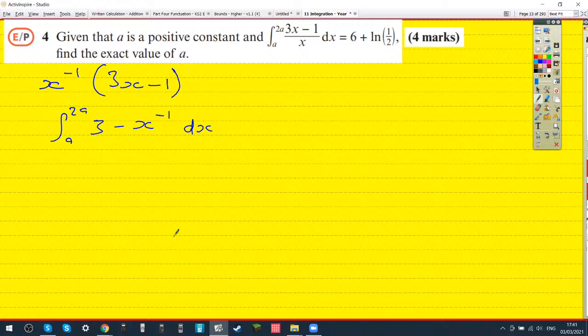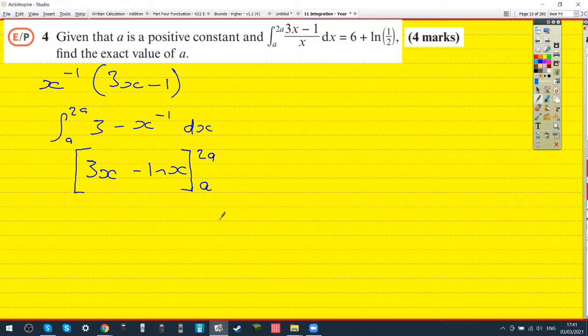You didn't integrate it yet? Oh, whoops. If we integrate 3, we would get 3x. And if we integrate that, is it minus ln x? And then now can we sub in 2a and then minus sub in a?